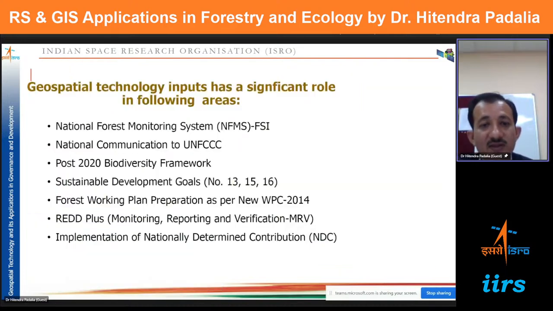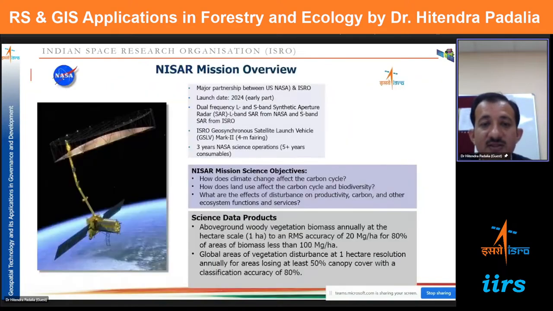Similarly, we have NISAR, which we are going to launch next year by March, and this will help us particularly in assessing the carbon dynamics due to disturbance and recovery patterns. So wherever we have rapid changes in the forest areas, and we want to understand how much carbon loss is happening and how much carbon gain is happening, we will be able to assess the carbon dynamics of the entire ecosystem through the NISAR mission.